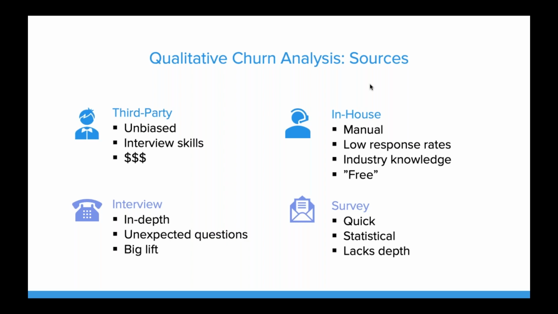There can be lower response rates because it's tied to your organization rather than being a third party. On the plus side, you do have that industry knowledge, so you might be able to dig deeper on certain questions to really get at the core of what's going on in a particular account. And it's somewhat free. It doesn't cost any additional dollars, but of course it does require your time, which is a notable resource.